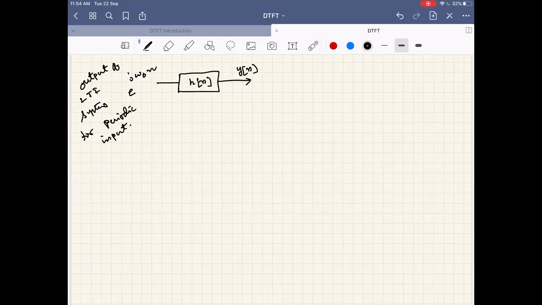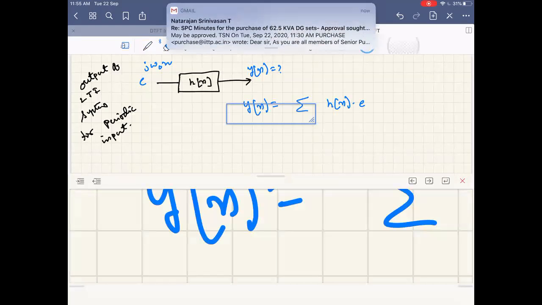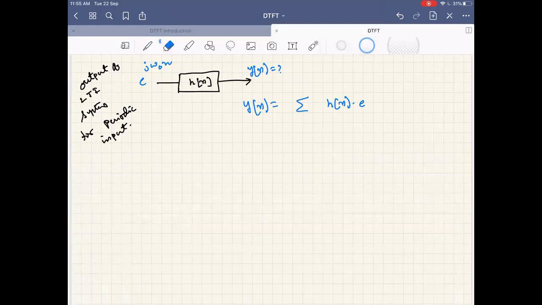Let me change the color. What is Y of n? That's what we would like to find. Can you guess what property I will be discussing now? Let us go by the conventional approach. This is through convolution.